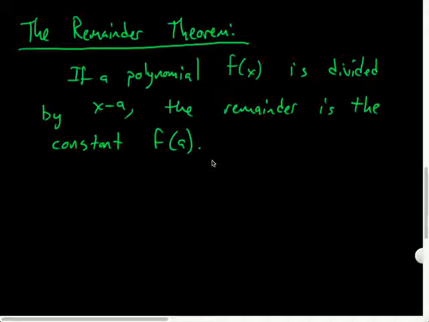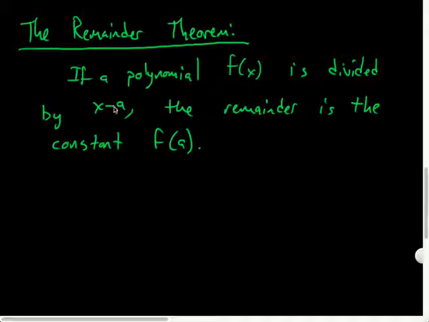Pretty good stuff, right? So basically that's saying if I wanted to evaluate what f of a is, I could also do this backwards. I could just divide my polynomial by x minus a.